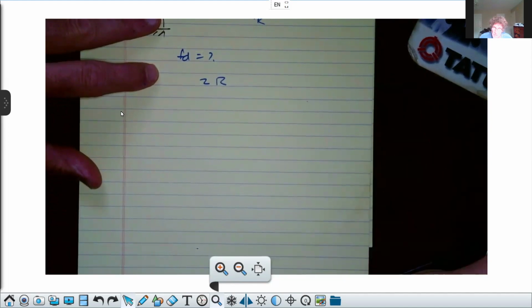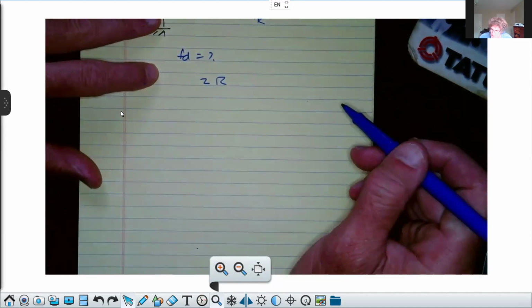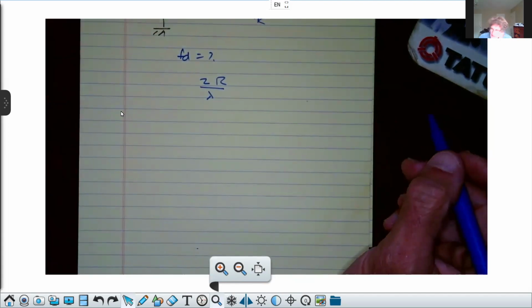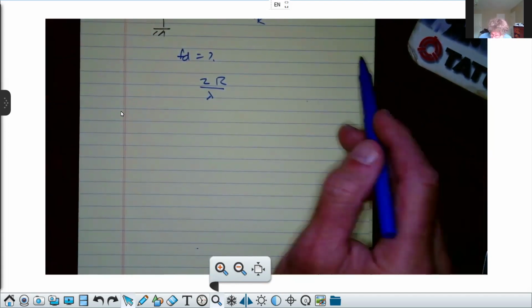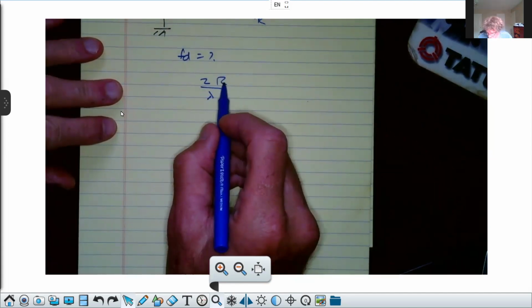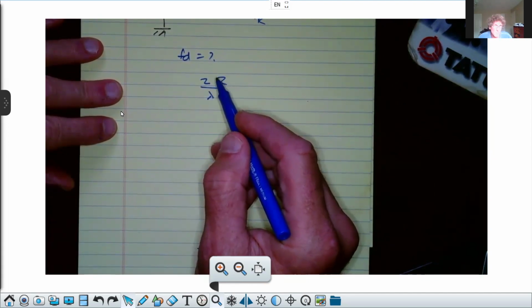Now, this is non-relativistic, so I'm assuming that this thing's moving much less than the speed of light. Then if you divide that by the wavelength, now you have the number of wavelengths that are associated with the round trip path. This is the total distance divided by wavelength. It's the number of wavelengths, how far the actual signal moved in wavelengths.